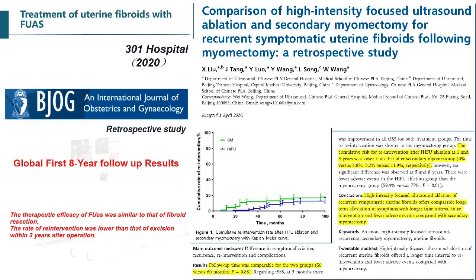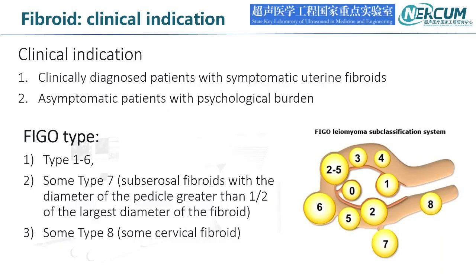We can see that during the follow-up, the dark blue means the FUS group, and we can see the 3-year recurrence and reintervention rate is much lower. For the FUS, there are many subtypes of uterine myoma.